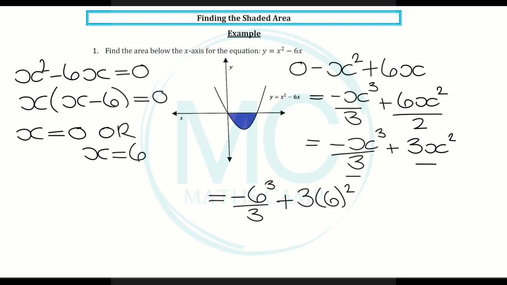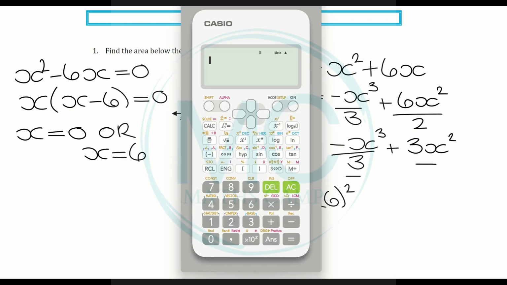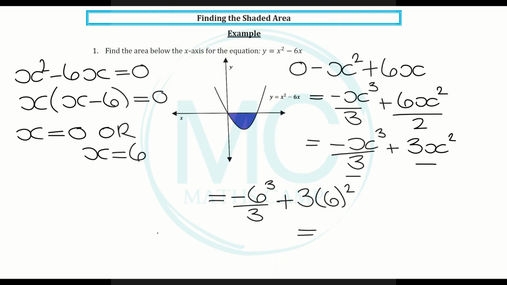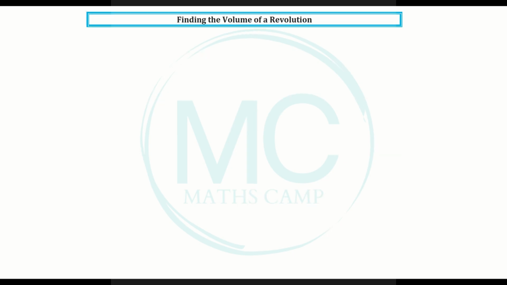Now I can take my calculator and I'm going to get 36. This is the area of the shaded section beneath the x-axis.